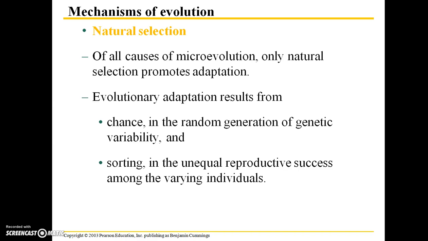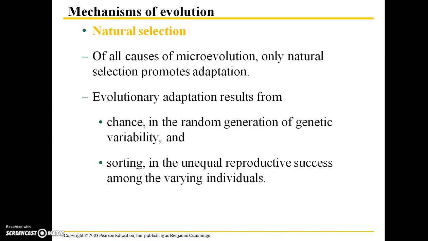Adaptation is any trait that's actually going to be advantageous for that individual. So if a particular snake is more well camouflaged due to a genetic mutation causing the genes to make slightly different proteins that cause that snake to be a different color or pattern, and if that color or pattern helps that snake hide from predators or helps that snake hide from prey better and hence survive longer and reproduce more, then that would be considered an adaptation.